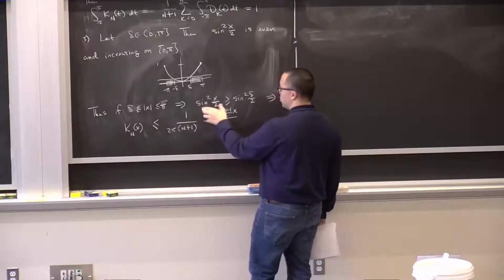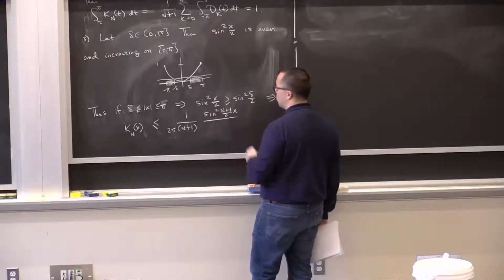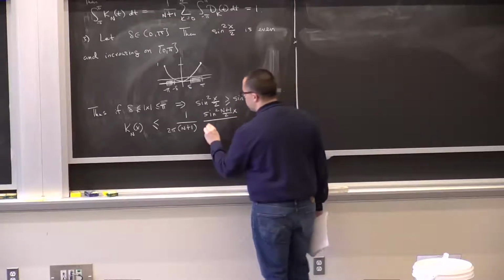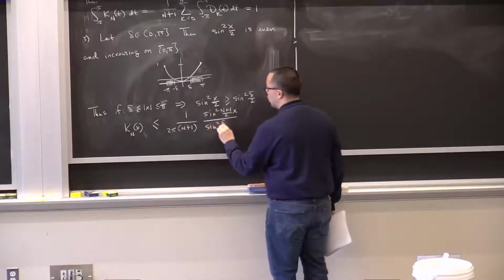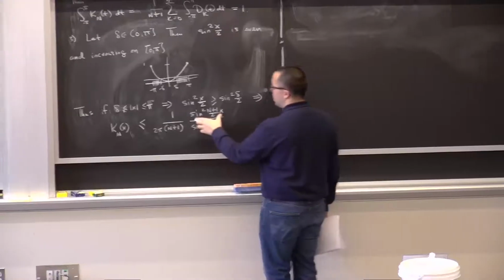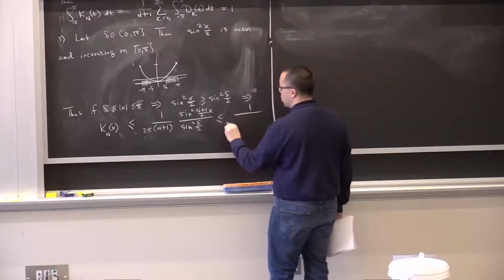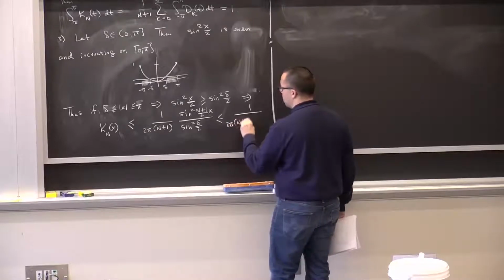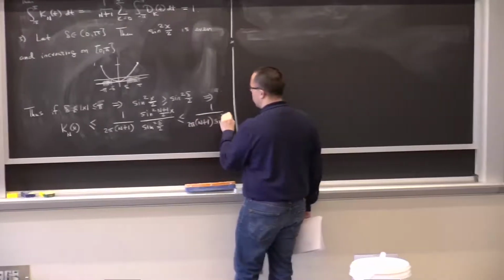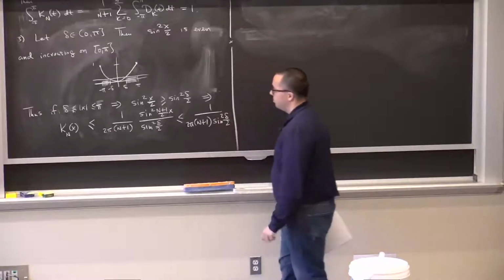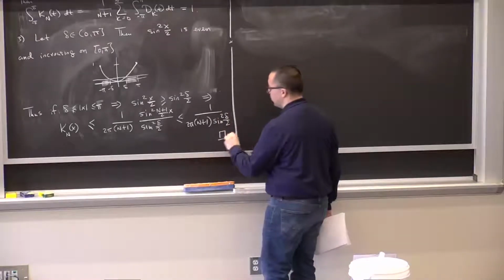But since sine squared x over 2 is bigger than or equal to sine squared delta over 2, taking 1 over reverses the inequalities, and I get sine squared delta over 2 here. Sine of anything is always bounded above by 1, so this is less than or equal to 1 over 2 pi (n plus 1) sine squared delta over 2. Okay?